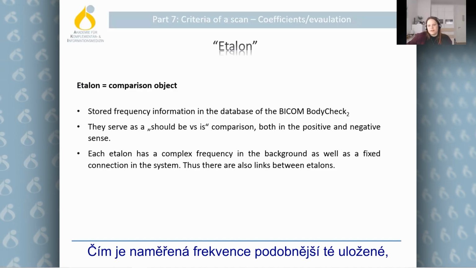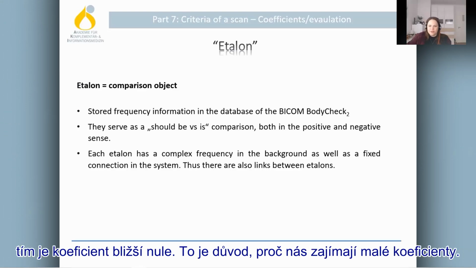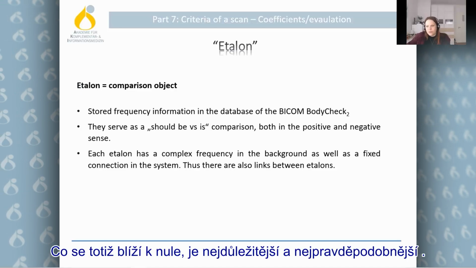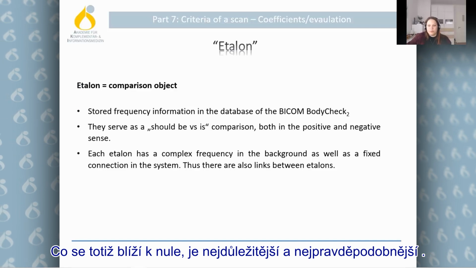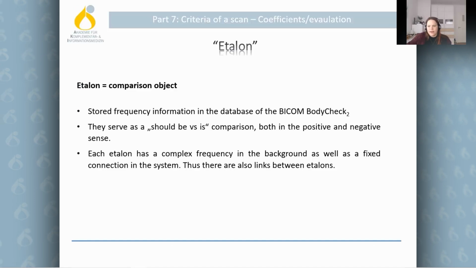The more similar the measurement frequency is to the reference frequency, the closer the coefficient is to 0. This is why we look at the smaller coefficients and not the high coefficients, because we want to see what is nearly 0. So we look at what is the most important we see in this evaluation.